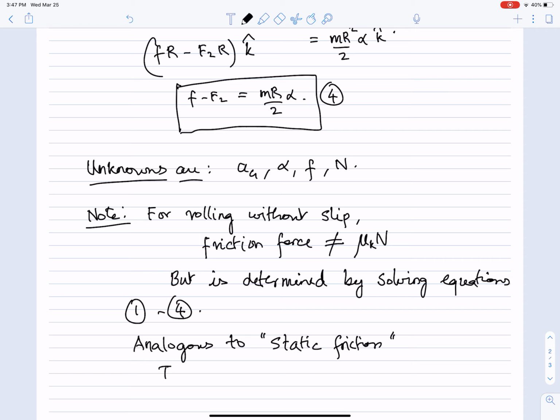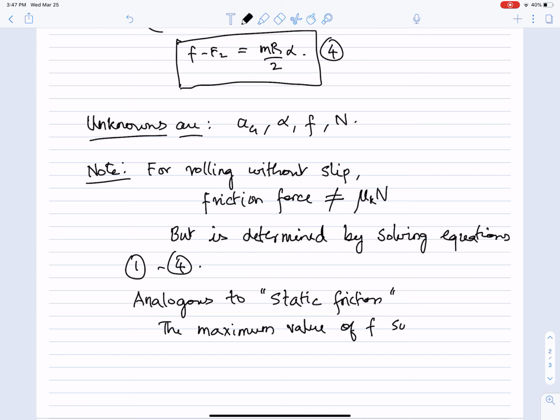The maximum value of F such that the disk doesn't slip is mu s times n.